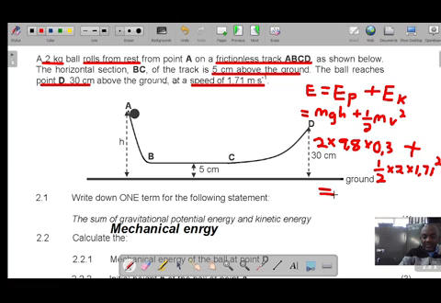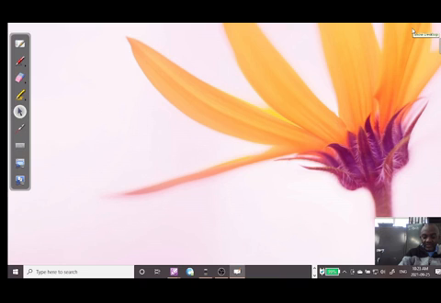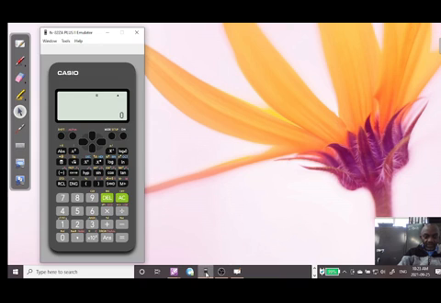Now our answer, if you get a calculator, is going to be what? Half mv squared. Calculator, where are you? So here I'm going to open brackets. I'm going to say mgh.